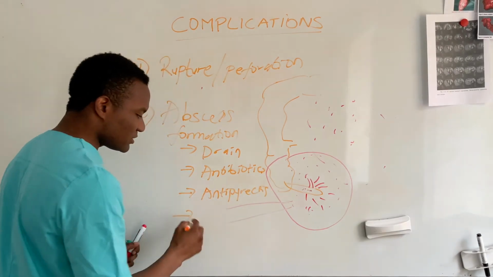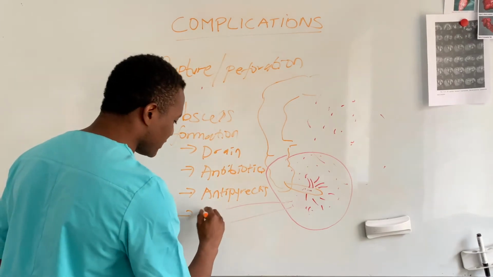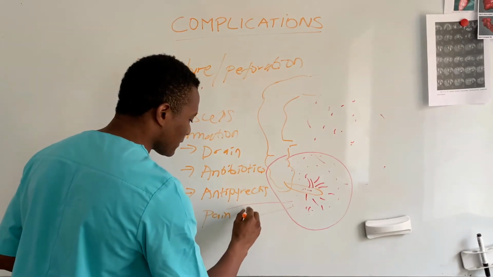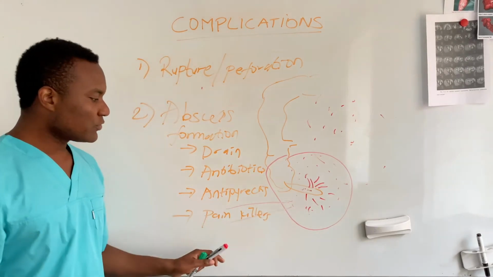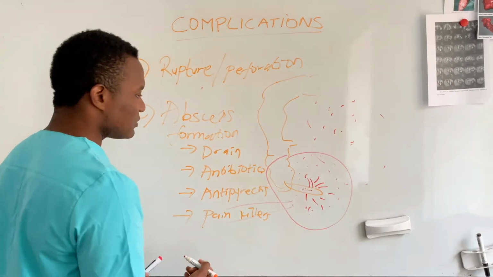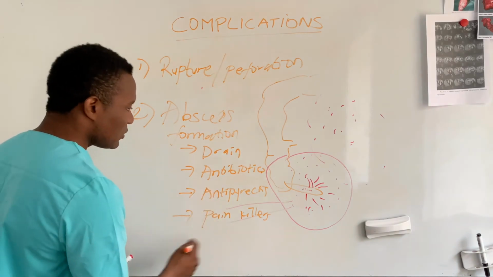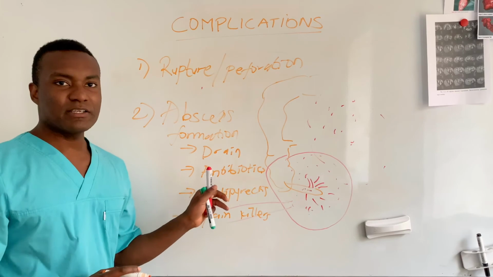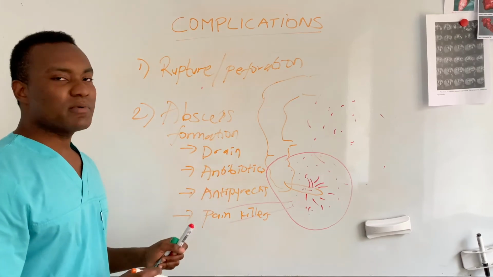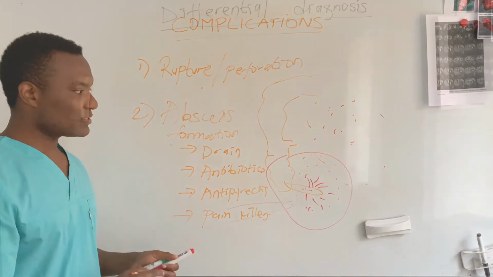And if the patient is in pain, you, of course, give painkillers. So when this is resolved, you can now take this patient to the operating room and operate. So this is briefly what you need to know and remember about appendicitis.